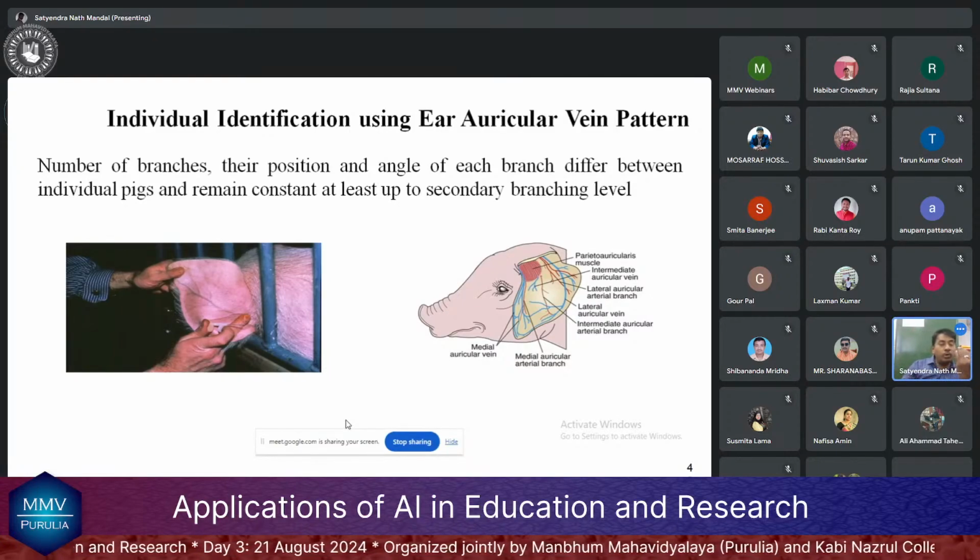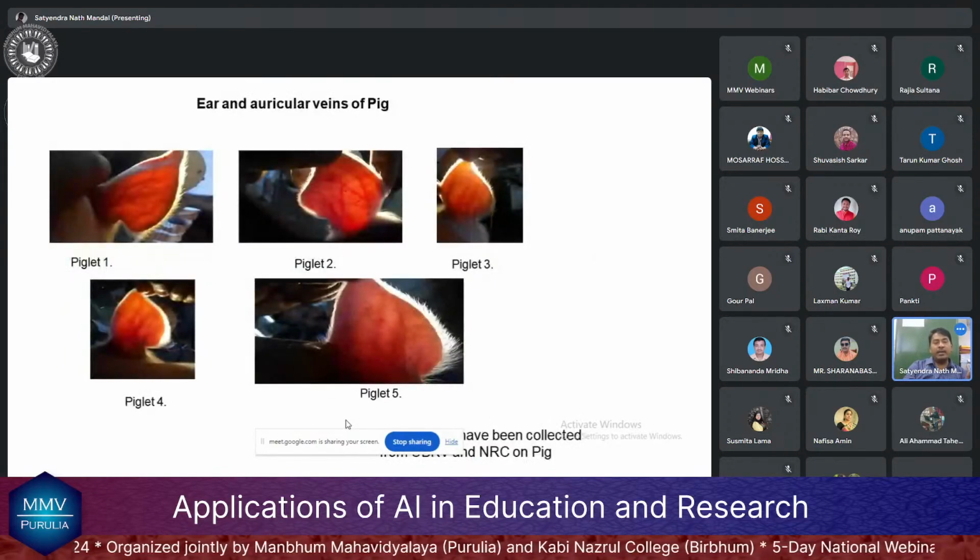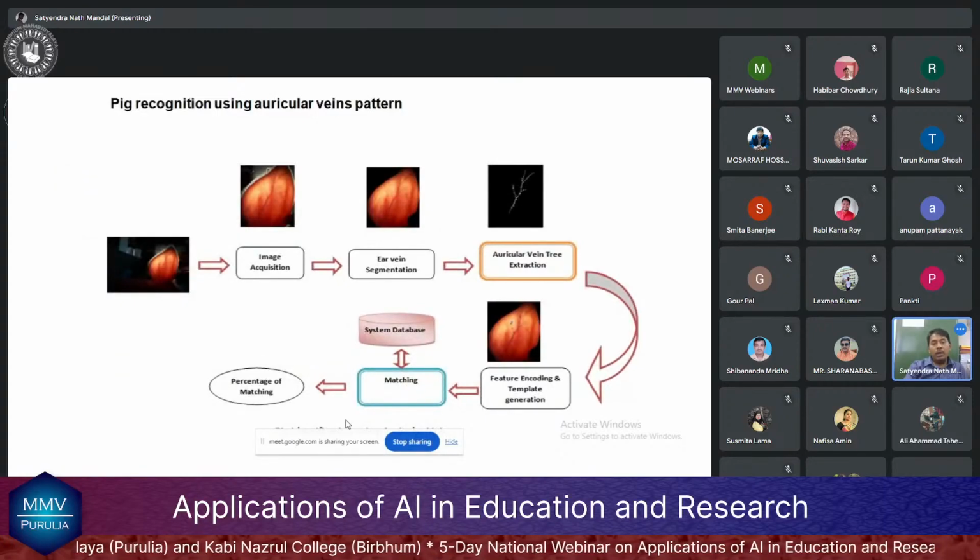We put one strong light on one side of the ear and take the picture from the opposite side of the ear. Then we get this type of picture. From this picture we do our calculation.